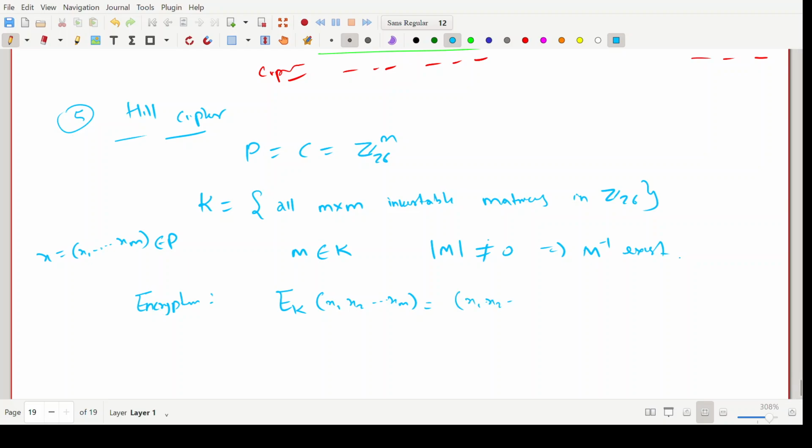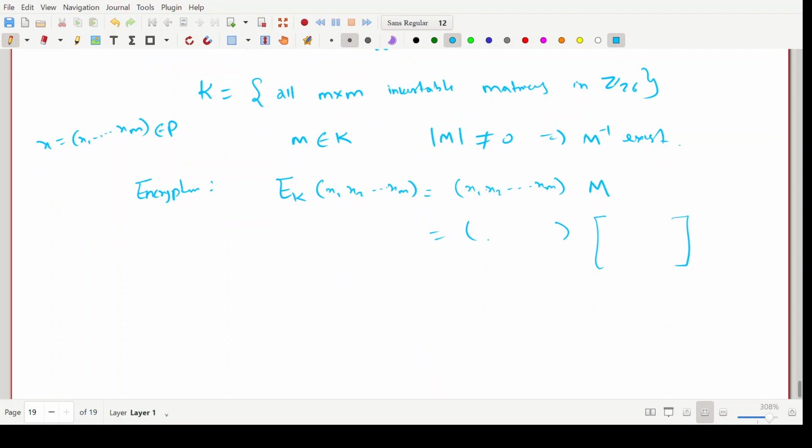You multiply x1 x2 up to xm with the matrix M, and you'll be getting a ciphertext, which we call y1 y2 up to ym, my ciphertext y.